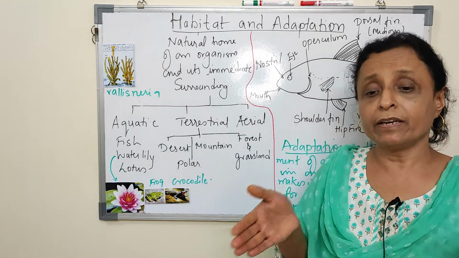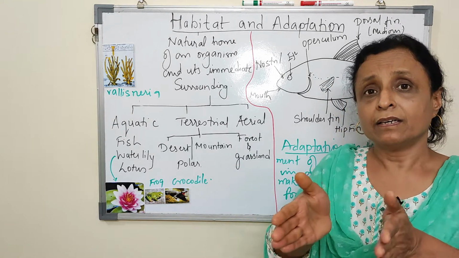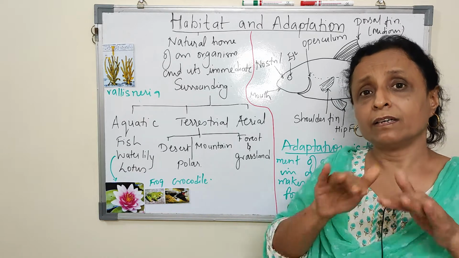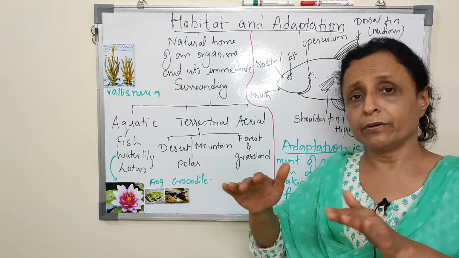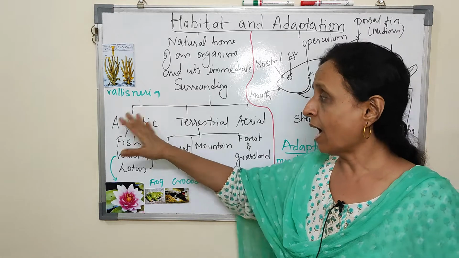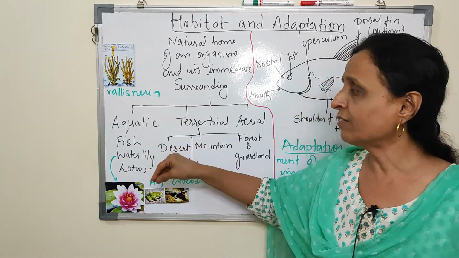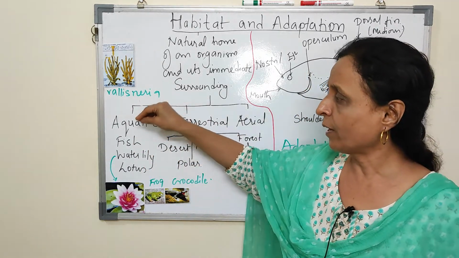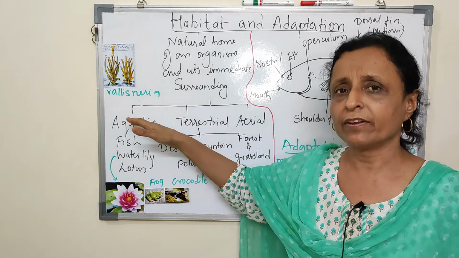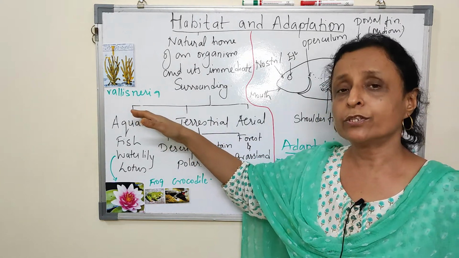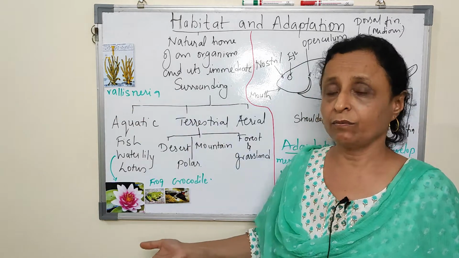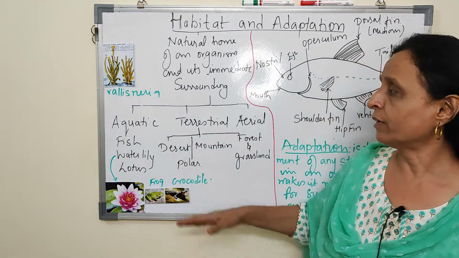Then in between river and marine there is a middle salinity water, so they can be divided into different types. But in general, the aquatic animals will have an adaptation which is suitable to exist in water. So we'll see a few organisms.